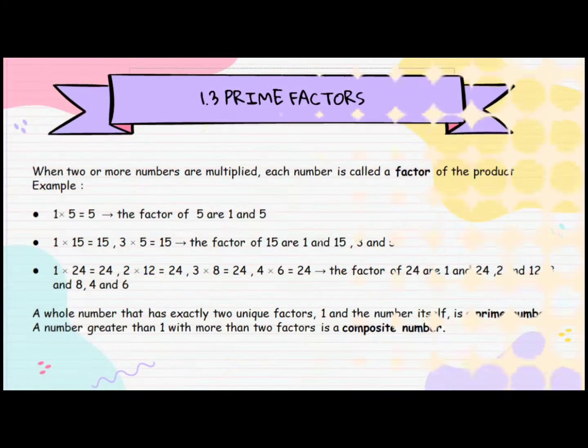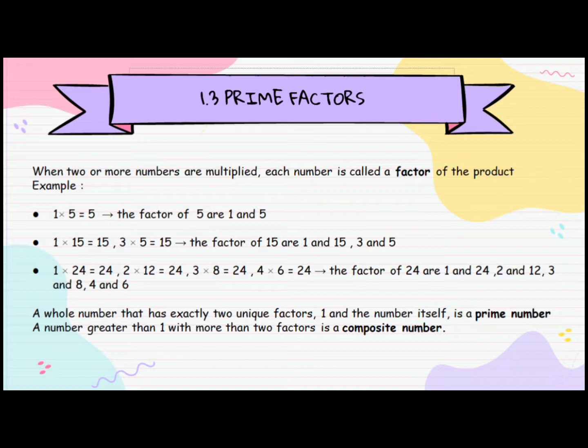Next, prime factors. When 2 or more numbers are multiplied, each number is called a factor of the product. For example, 1 times 5 is equal to 5. So, the factors of 5 are 1 and 5.